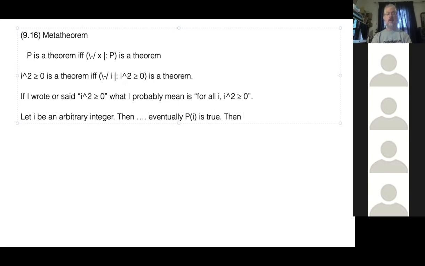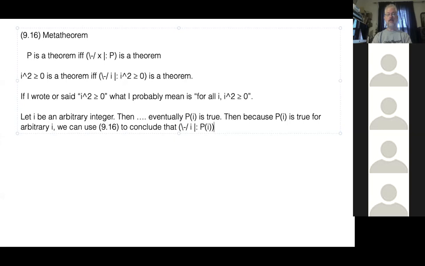Then because P of i is true for arbitrary i, we can use 9.16 to conclude that for all i, P of i is true.